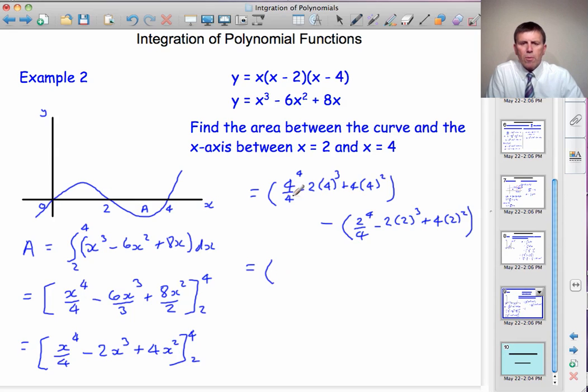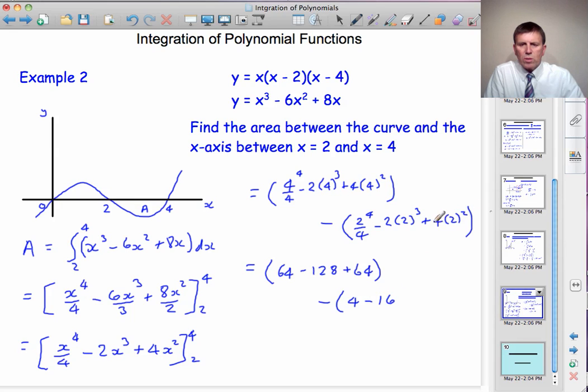Right, the first bracket. 4 to the power 4 divided by 4 is 4 cubed. 4 cubed is 64, minus 2 times 64 is minus 128. And 4 squared times 4 is plus 4 cubed, which is plus 64. Minus the second bracket, 2 to the power 4 is 16, divided by 4 is 4. 2 cubed is 8, times minus 2 is minus 16.